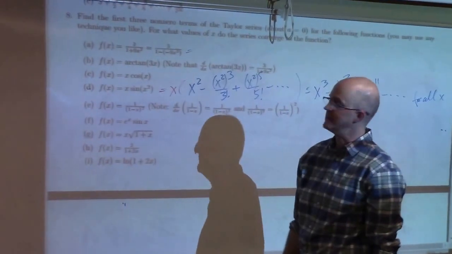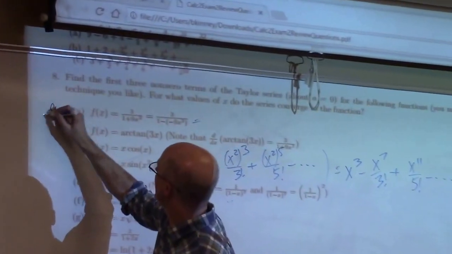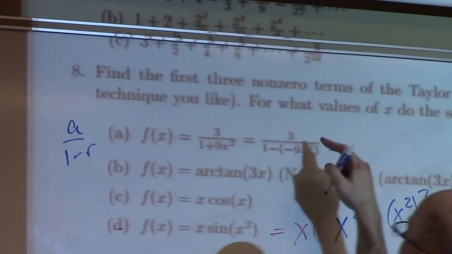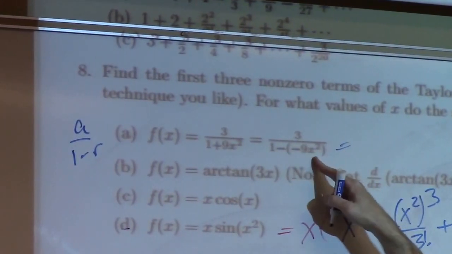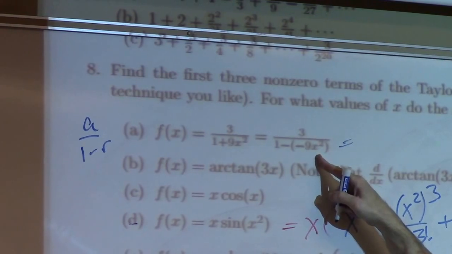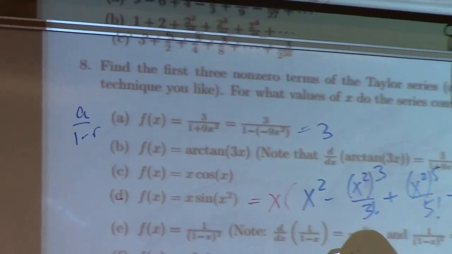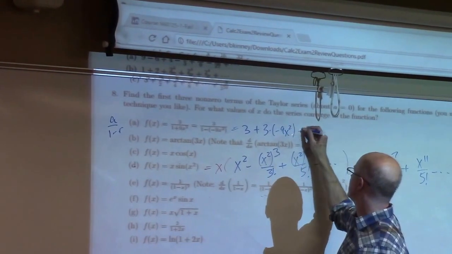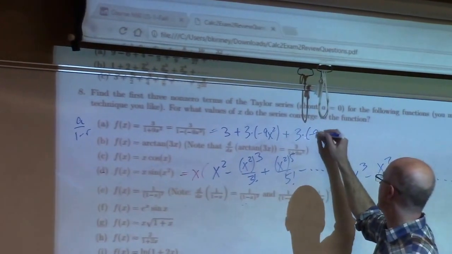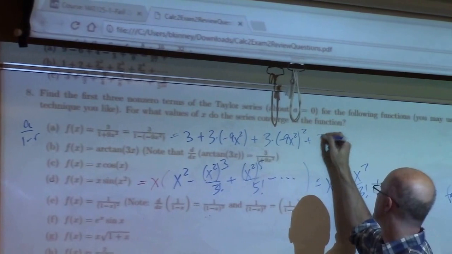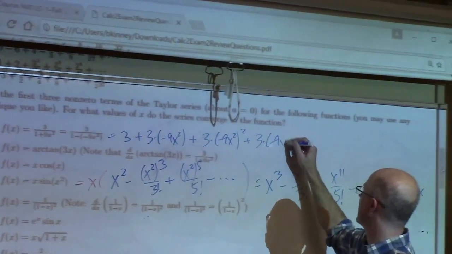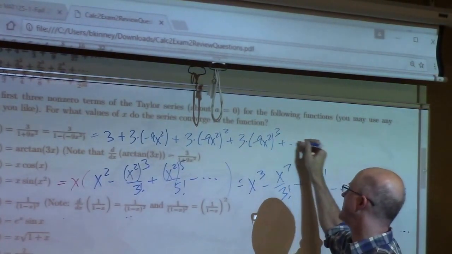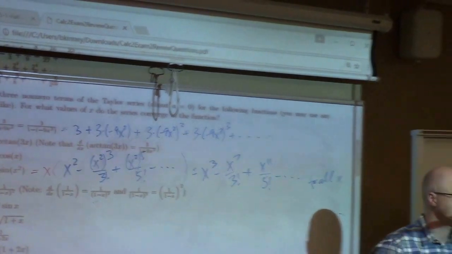Something like this is like a geometric series sum: a over 1 minus r, where a is 3 and r is negative 9x squared. So it's a plus a times r plus a times r squared plus a times r cubed, etc. I do want you to put the plus dots in there for full credit.